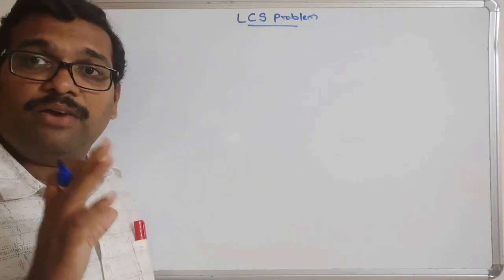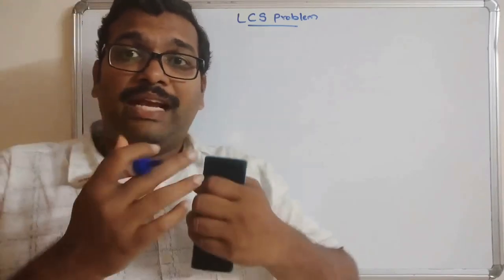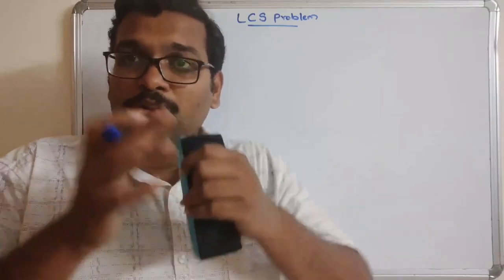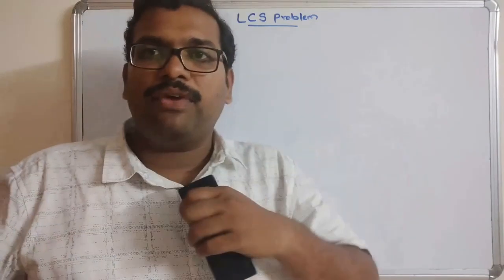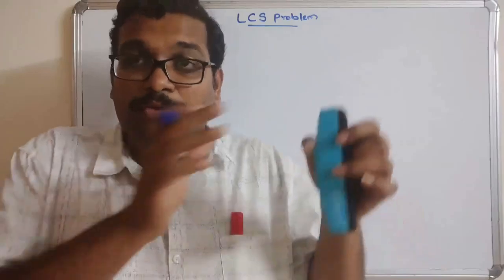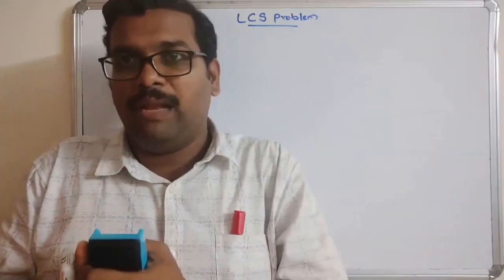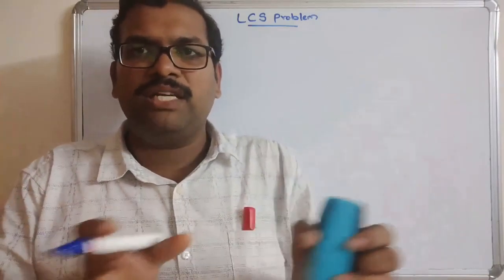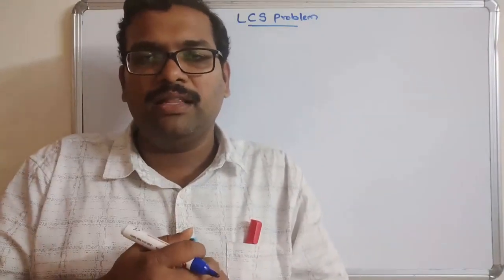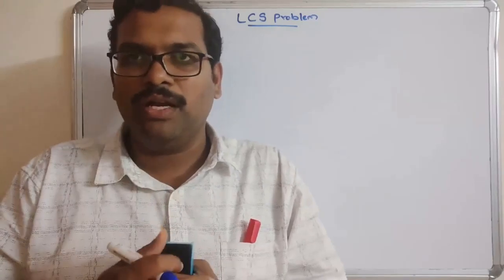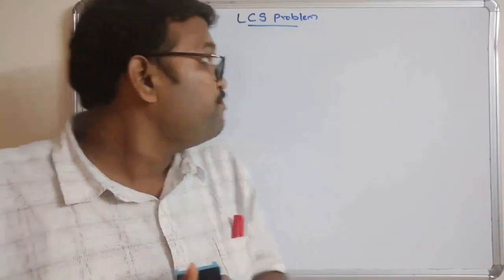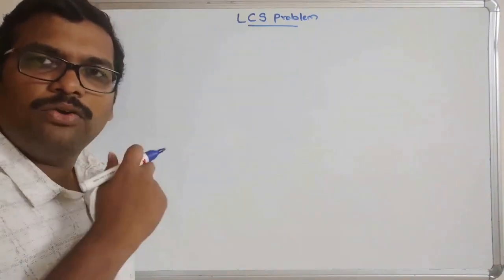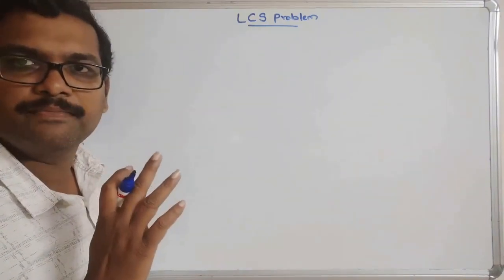In our previous session we discussed the difference between subsequence and substring. In a subsequence, we have to follow the order of the elements, not consecutive elements. I'll post the link in the description box, please follow that. We have taken two different formulas in order to fill the 2D matrix.